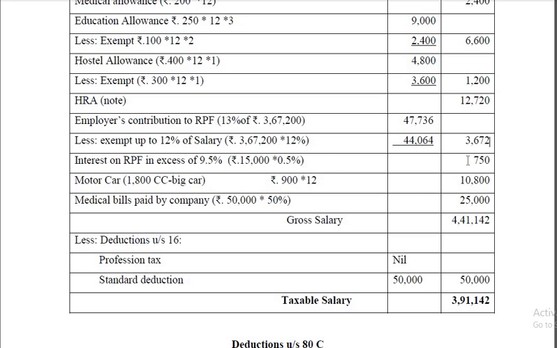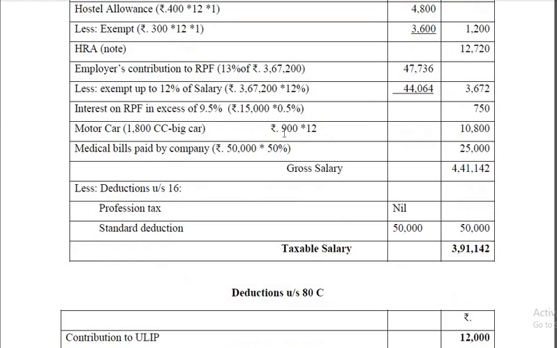So you will get 750. Interest credited to recognized provident fund in excess of 9.5% is taxable. In our problem, it is 10% minus 9.5%. Therefore, it is 750. I am subject to correction here.